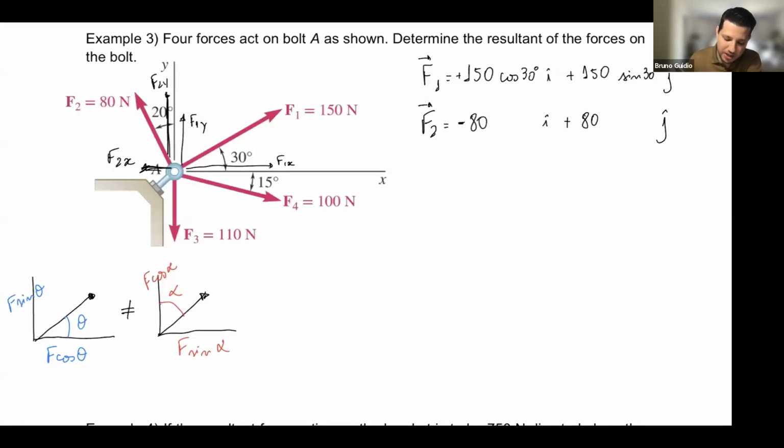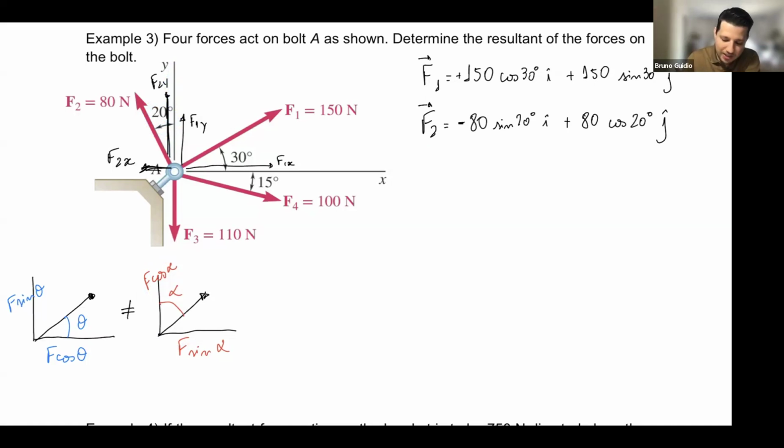Take a look at this problem here, guys. 20 degrees is touching the y-axis. Okay? Meaning this example right here. So this one is going to be sine of 20 and this one is going to be cosine of 20.